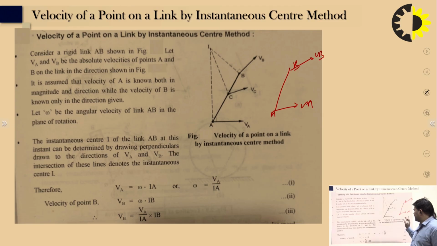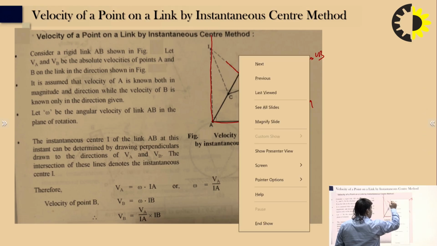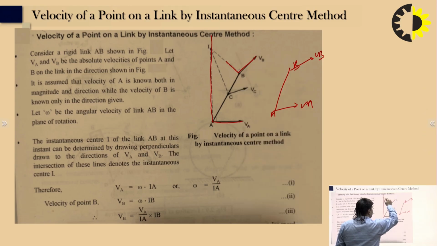To determine the instantaneous center I of the link AB, draw perpendiculars to the velocity of A and the velocity of B, and where they intersect, that is the instantaneous center. So we draw the perpendicular to the velocity of A, and the perpendicular to the velocity of B, and they cut at point I.